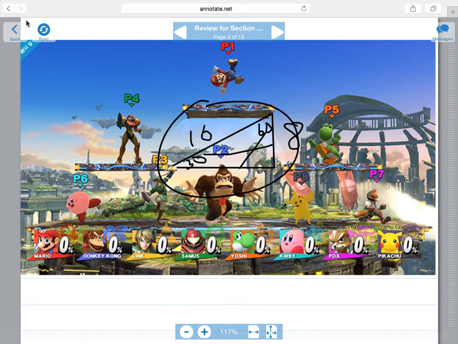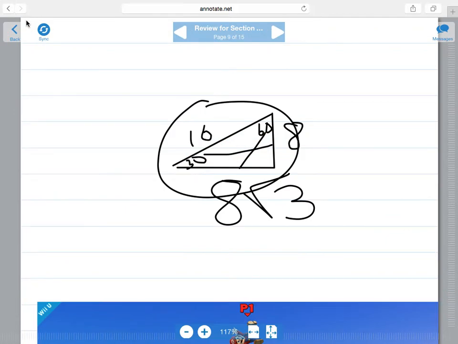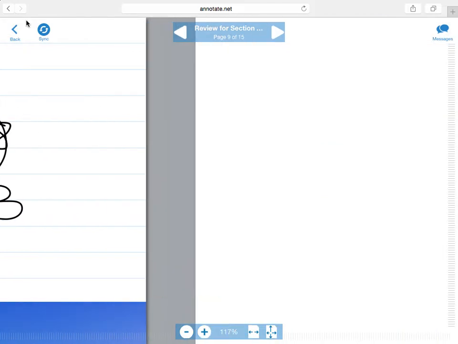And then the long leg would be 8 square roots of 3. Not sure if you guys can see that. There we go: 8 square roots of 3. Again, the main thing is to make sure you know what your legs are.